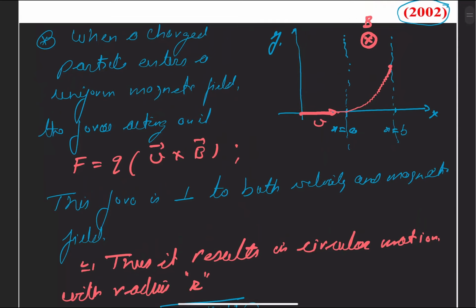If we assume the center is somewhere here, this will be the radius of the circular path. This is the center.